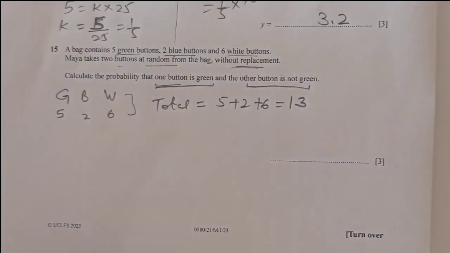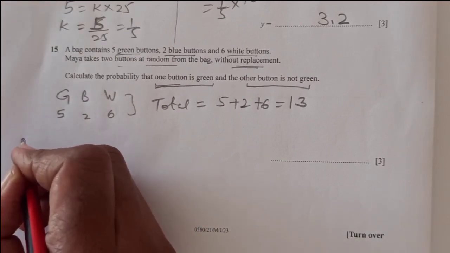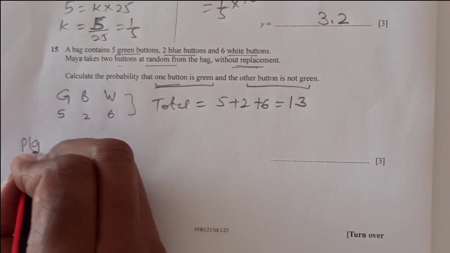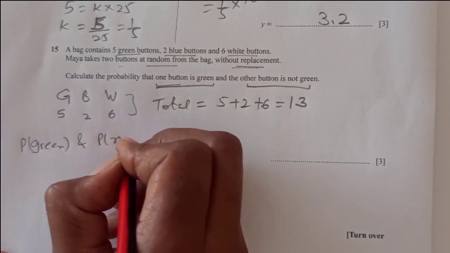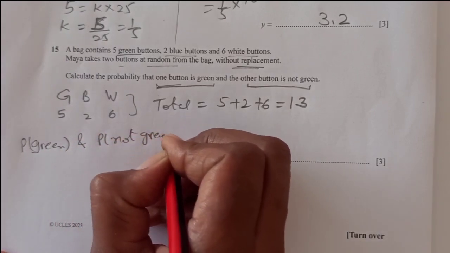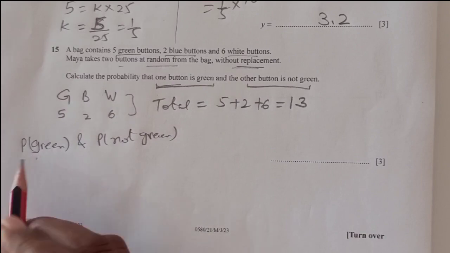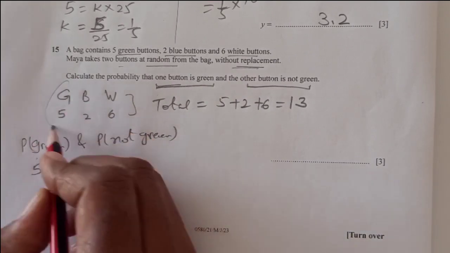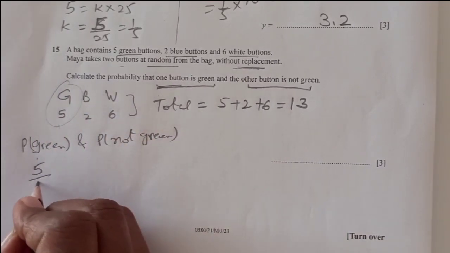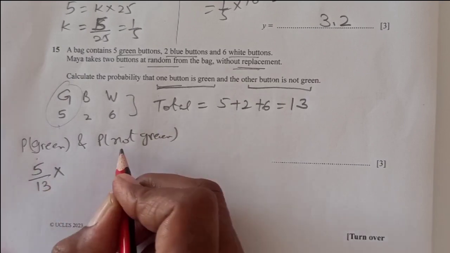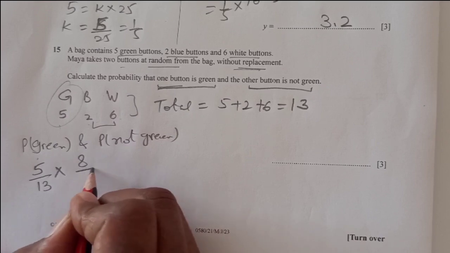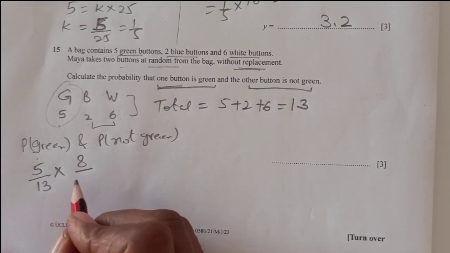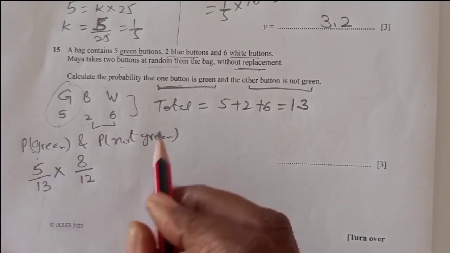So if it's 13, now we are looking for the probability of green and probability of not green, right? Probability of green is 5 out of 13, times not green, which means 2 plus 6, it will become 8. Without replacement, it will be out of 12, right?